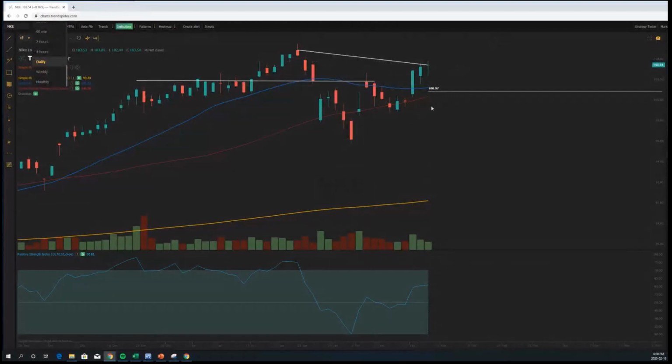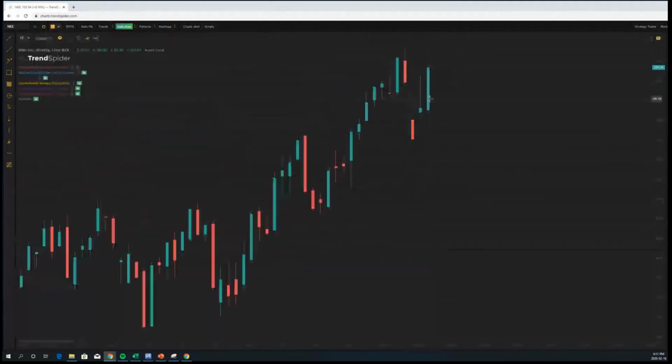So if I was trading this, I would look for an entry around the 101 to 100 mark. My risk would be $2, and my first target would be 103-ish to 104, and then if it could break above that and hold, I would look to add. So I'd go in probably half size, add above 104, and then look to see how it does in all-time highs. Let's take a look at the weekly on this.